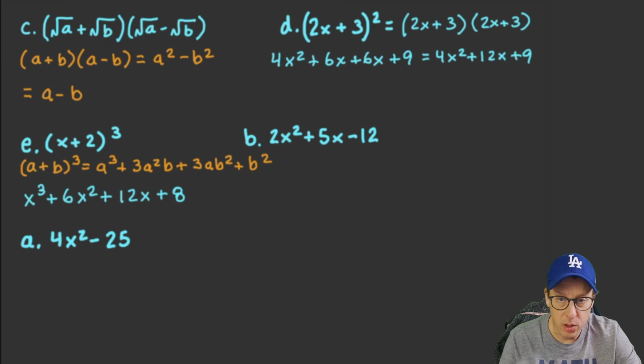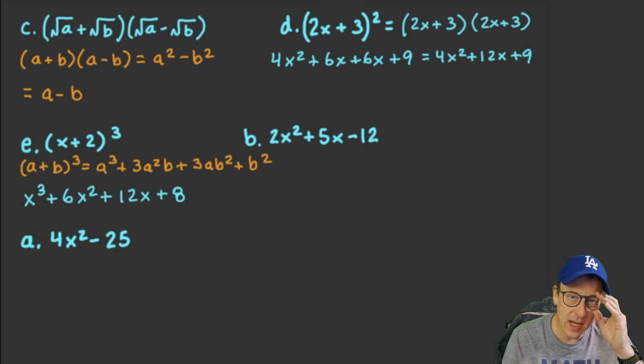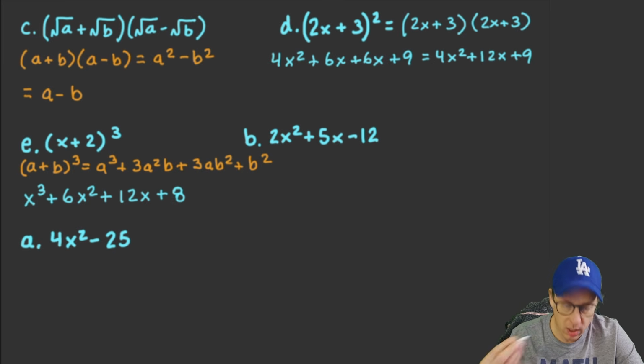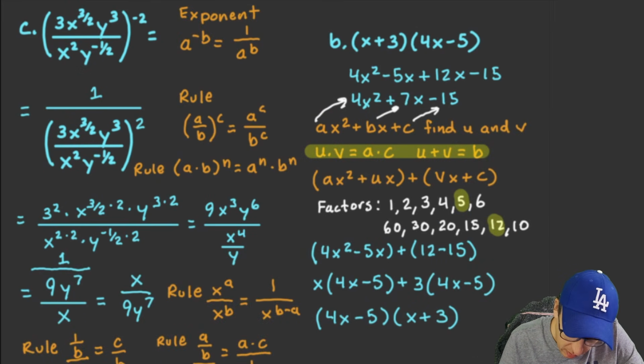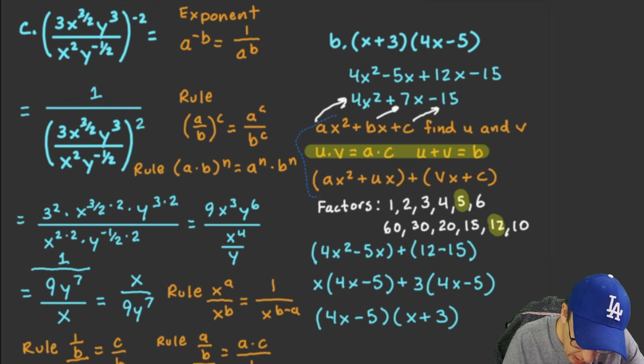Next problem. 2x squared plus 5x minus 12. Again, we're going to use the same rule that we had before. Why don't I just copy it instead of writing it all out again? So we will just jump over here, get to this guy right here, and select this, and then we'll be able to come in and paste it over there so I don't have to write out the rule again.